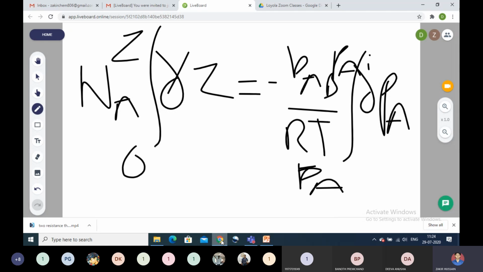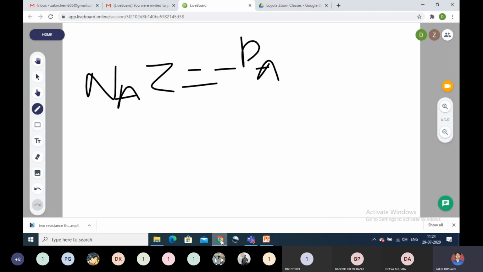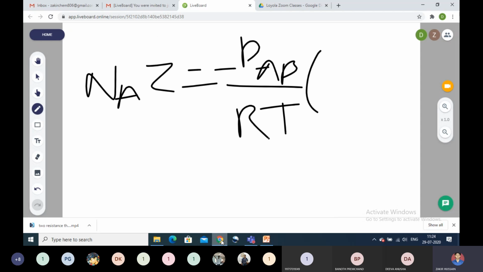Now it is also a simple integral. The integral and derivative cancel. The upper limit minus lower limit for Z is Z minus 0, so Z. For pressure, the upper limit is PAI and the lower limit is PA. So NA Z is equal to minus DAB by RT times (PAI minus PA).